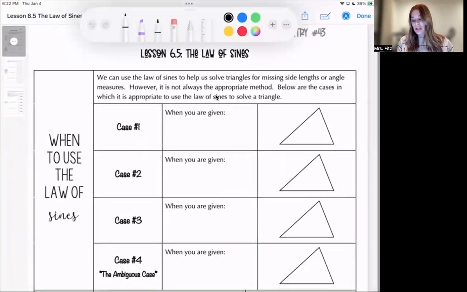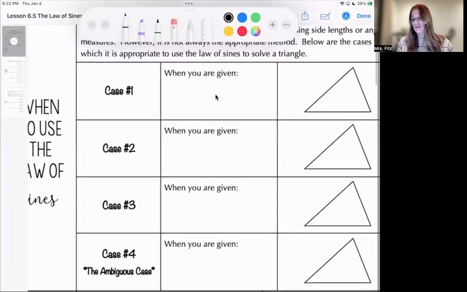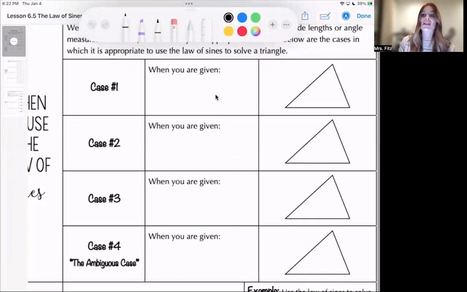Okay, so there are actually four different cases of triangles you need to look at, and it's based on what information you're given in the problem. If you're given an angle, side, and an angle, what that would look like is if you know this angle and you know this angle, and you know the side in between, you have case number one.